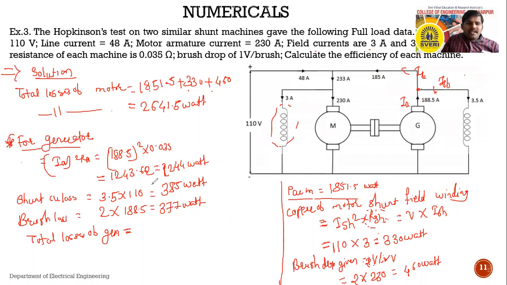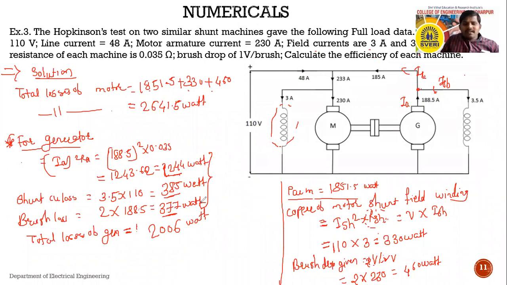Sum of all three, 1244 plus 385 plus 377, so we get 2006 watt.